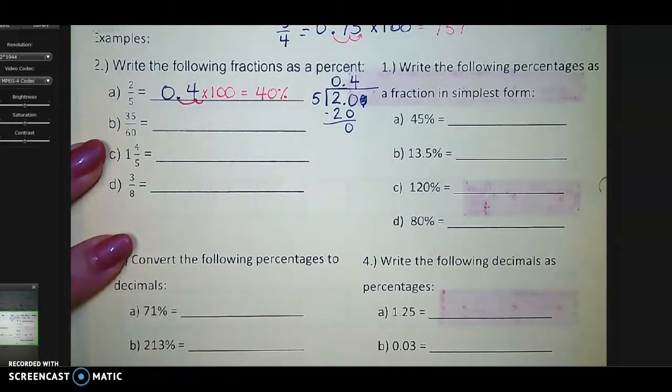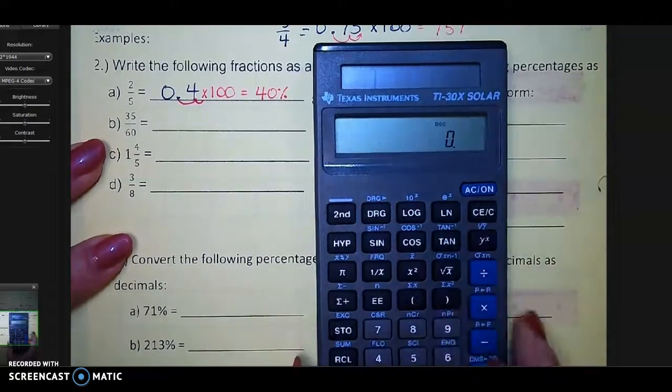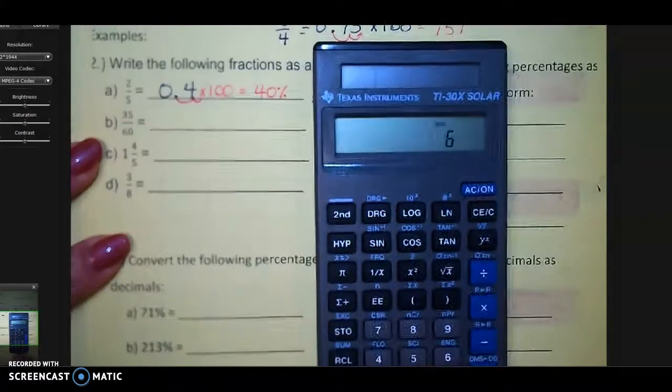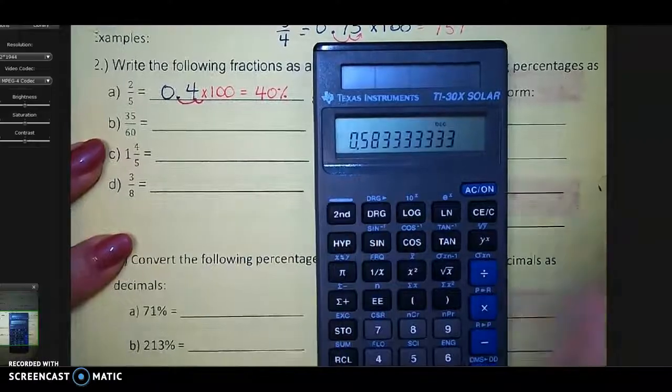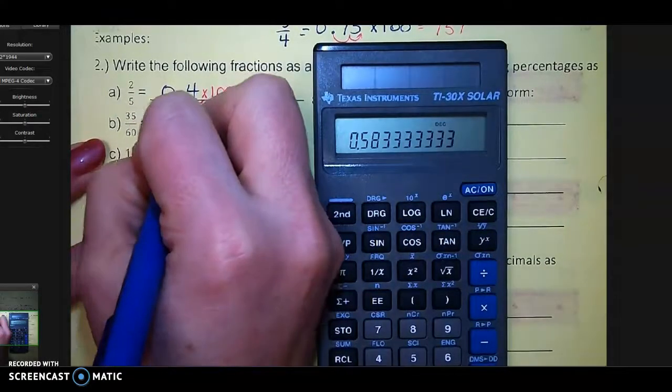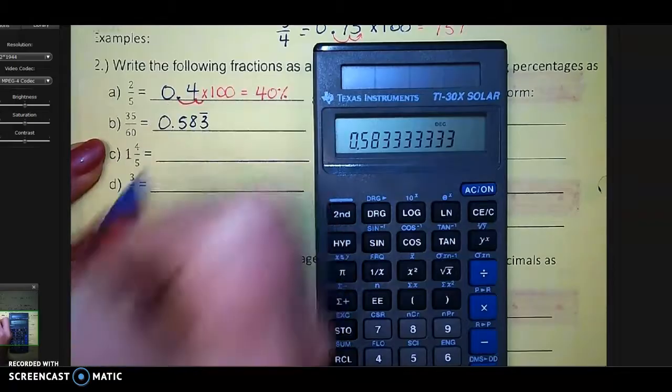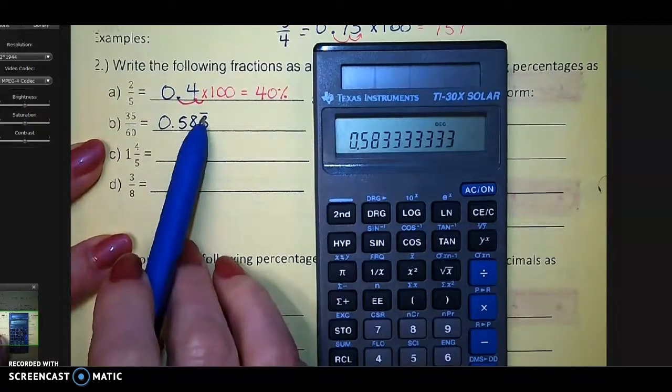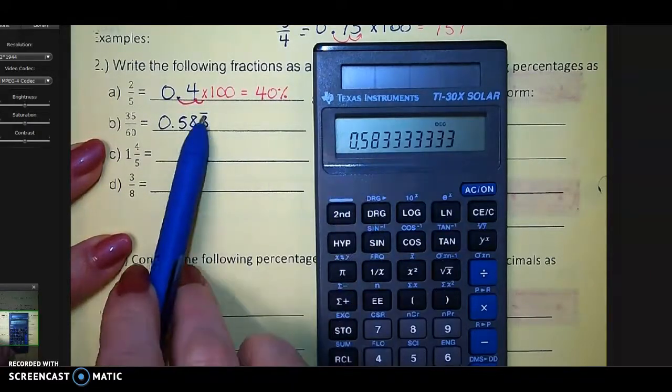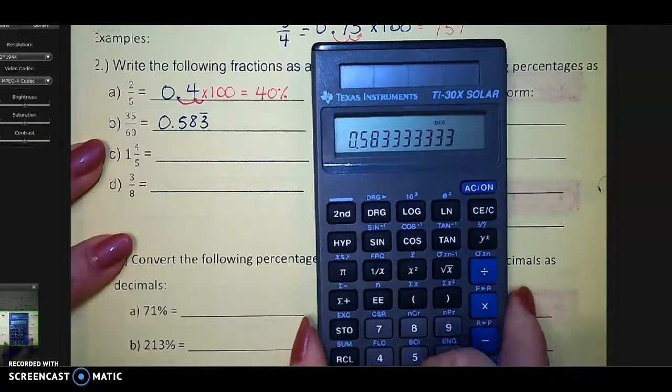Now if it happens to be a calculator problem that you can use a calculator on, I can take and do my 35 divided by 60, and I get 0.58, and that 3 is repeating. So remember that vinculum, that repeating. If I have a whole bunch, I only put the line over the part that is repeating.